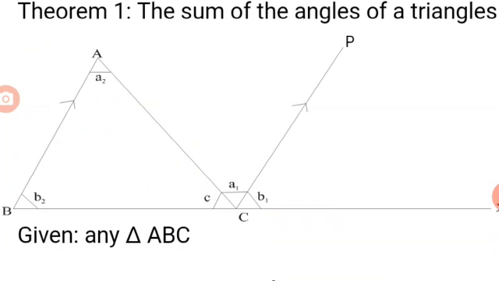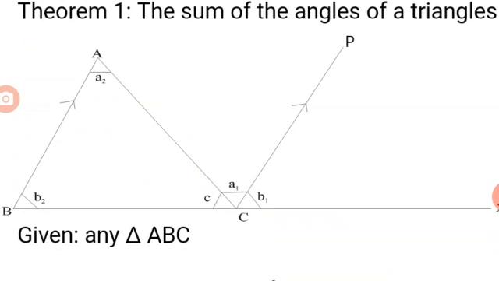Is that clear? Look at angle A. Angle A is A2, while angle B is B2. We also have angle C, that is C. Is that clear?